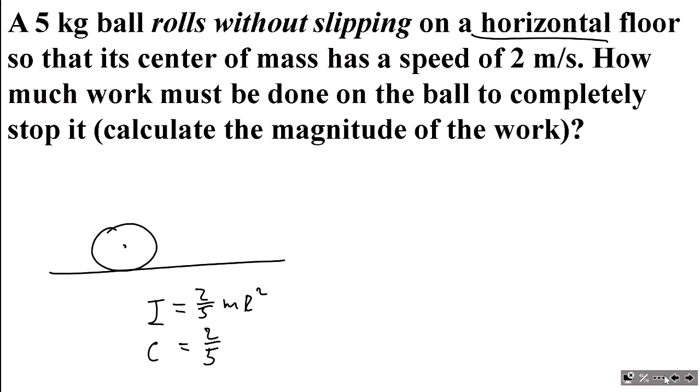And the center of mass of this object travels at 2 meters per second relative to the ground. So we could calculate the kinetic energy, which should be equal to 1/2 m v squared, where v represents the velocity of the center of mass relative to the ground, plus 1/2 I omega squared.